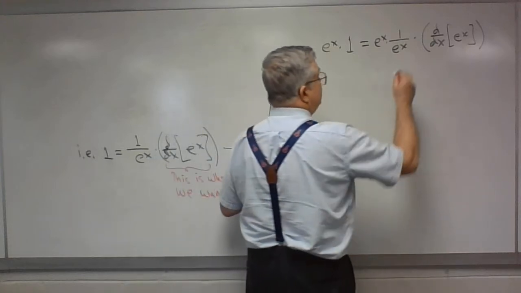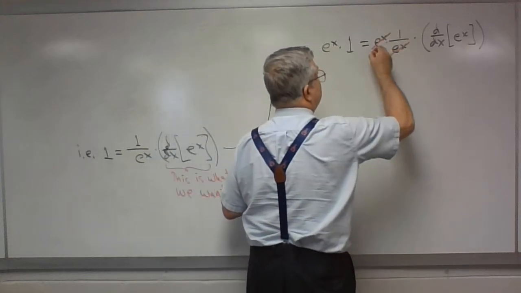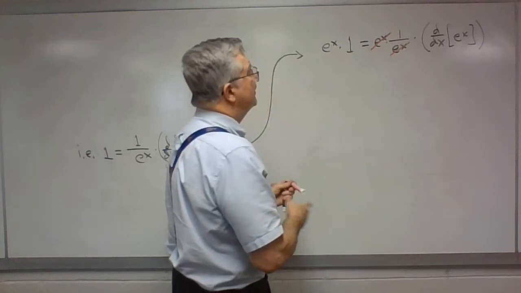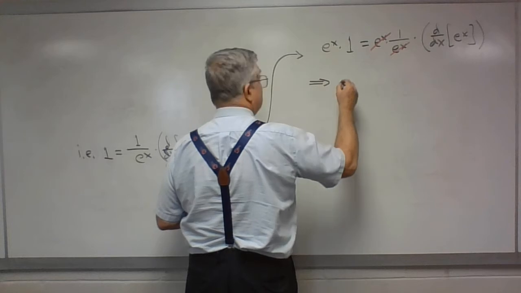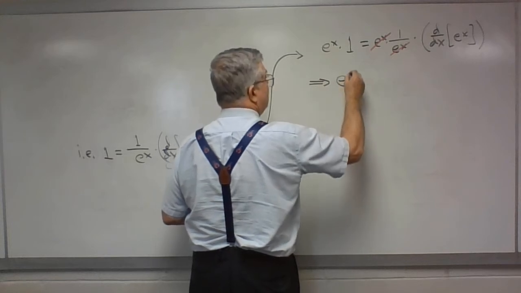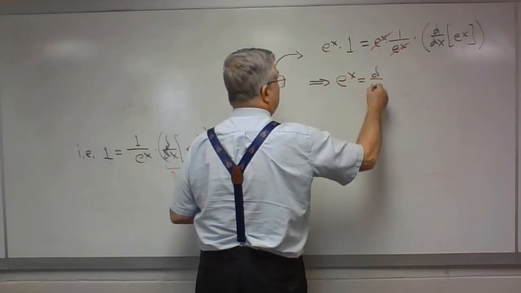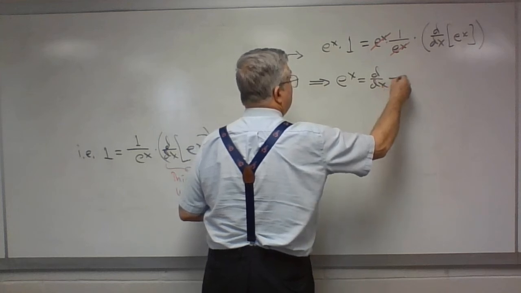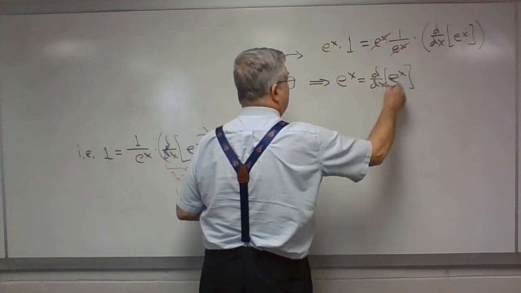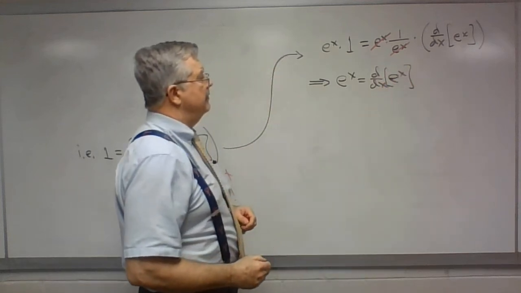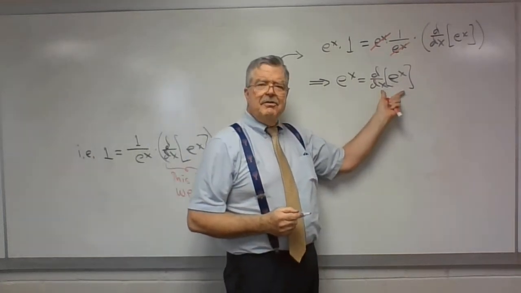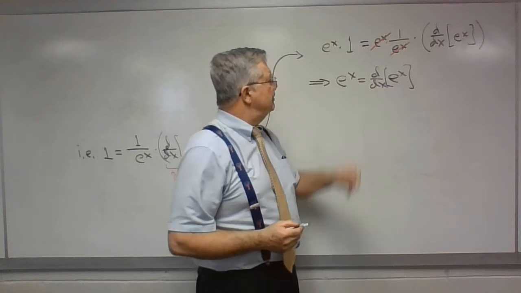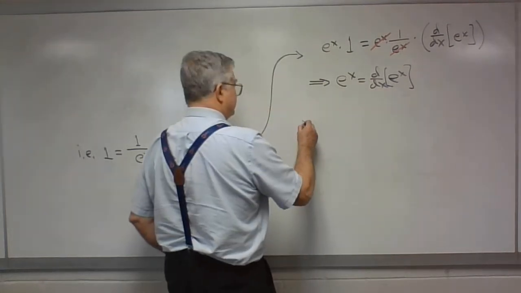And by golly, these things cancel. So what I have is that the derivative of e to the x is equal to e to the x.